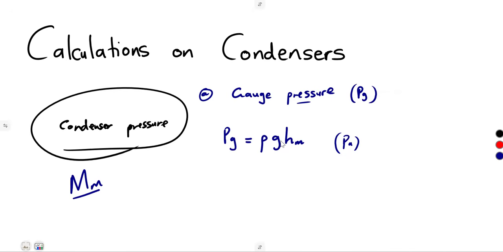Density, gravitational acceleration, then the reading of the manometer. So this one is our manometer reading, the gauge reading. It is representing how high the mercury is.